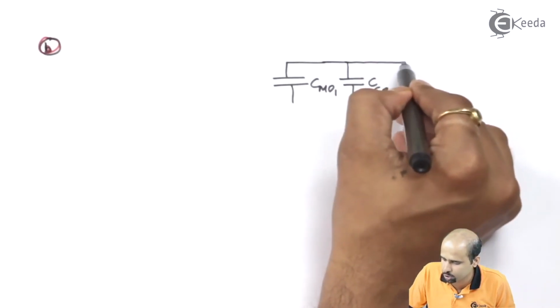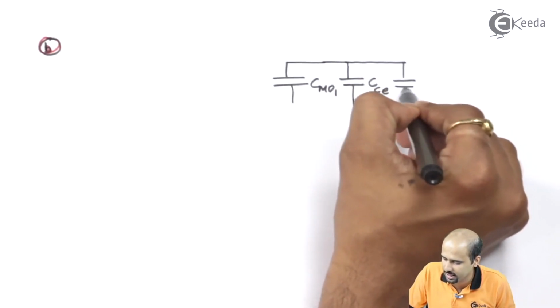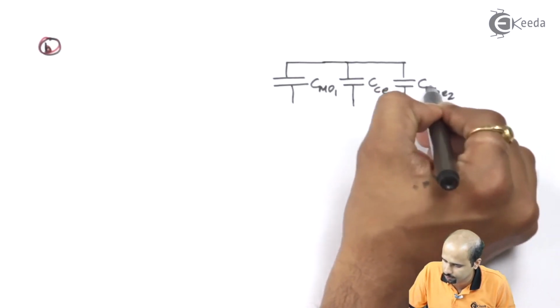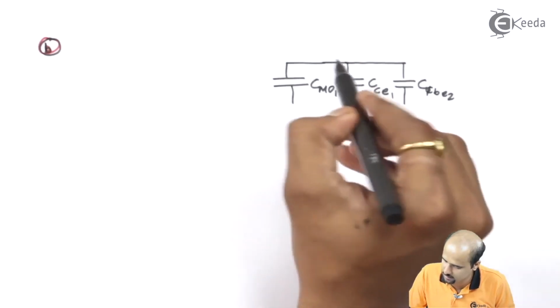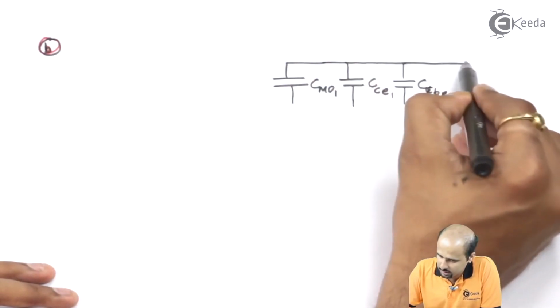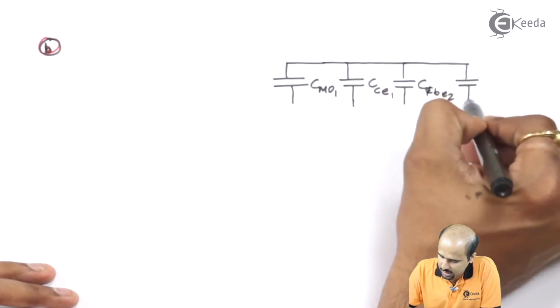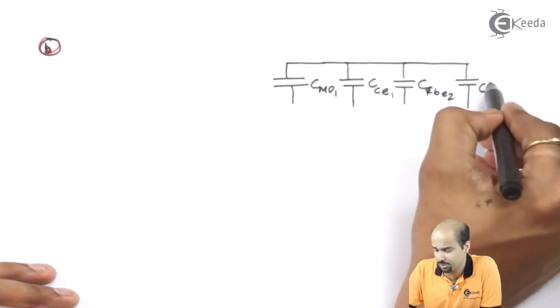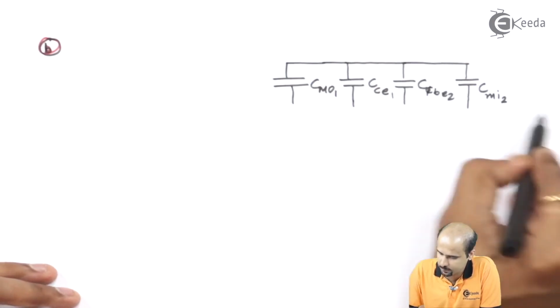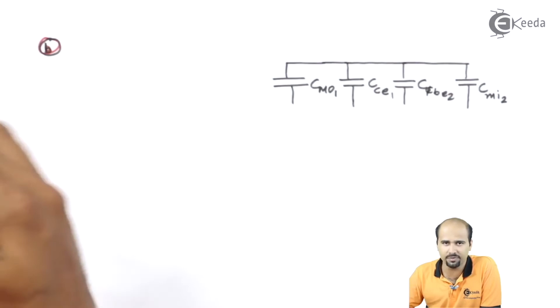Then at stage 2 we'll have the base and emitter capacitor, that is CBE2. CCE1, CBE2, CMO1. Moreover, I have the Miller's input capacitor for the second stage, CMI2. So all these four along with the wiring capacitor, but it is not present.